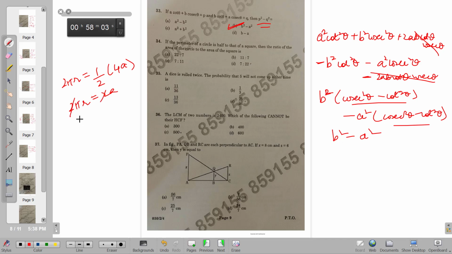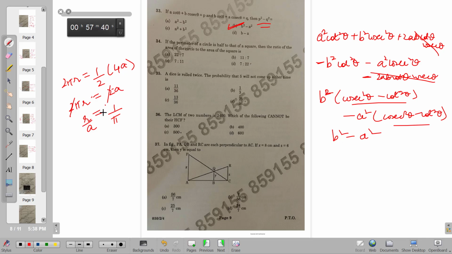Or you could say that r by a is equal to 1 by pi. Let me leave it like this for now. R by a is equal to 1 by pi.